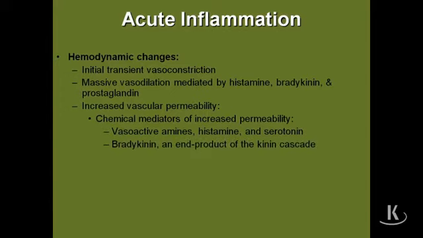Bradykinin is part of the kinin cascade. Remember, the prekallikrein is made by the liver, and the liver is really an immunologic organ, and we'll show how important it is in the acute inflammatory process. There is the release, as you recall, from arachidonic acid, from the breakdown of the plasma membrane of cells, of leukotrienes as well as prostaglandins. And here, when you think of leukotrienes, you think of the series of C4, D4, and E4, but there's also a B4, and we'll talk about that more in depth.